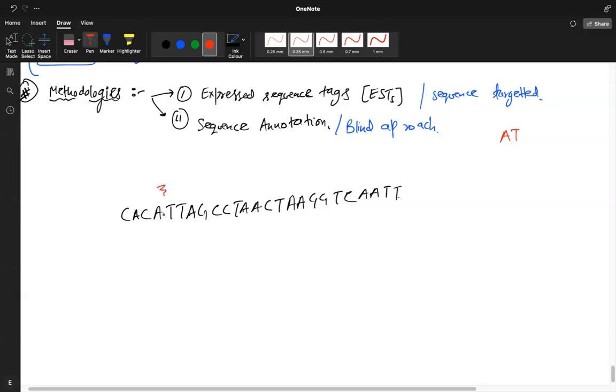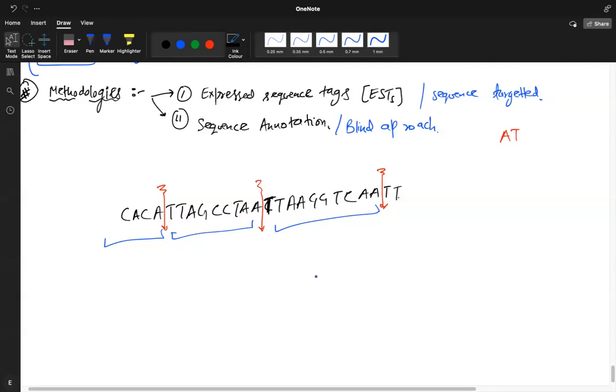So one place it can cut is here. One place it can cut is here, right? Let's say. And if there was one more, let me make it T for some reasons. So one place it will cut is here, right? Now, this sequence and this sequence will not be same, right?